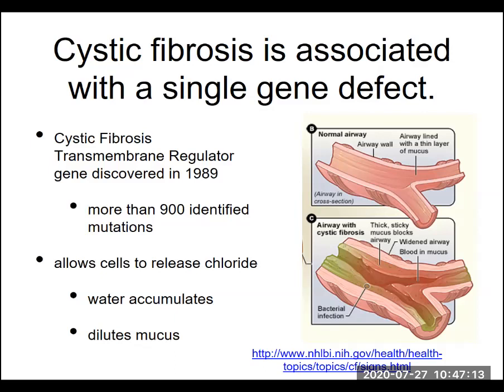It's just going to cause all kinds of different problems, all because we have a single protein deficit, which prevents us from pumping water across the membrane and diluting out this mucus. And so with the single gene defect, the cystic fibrosis transmembrane regulator gene and protein, without that, this is what builds up and this is what causes the damage to the lungs of a patient with cystic fibrosis.